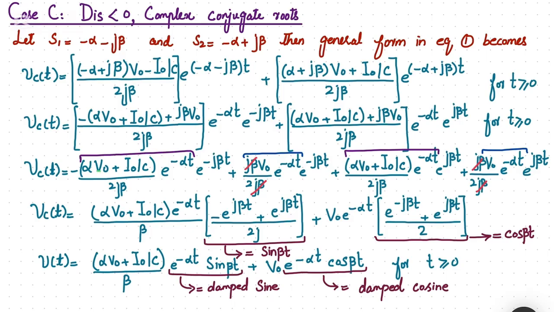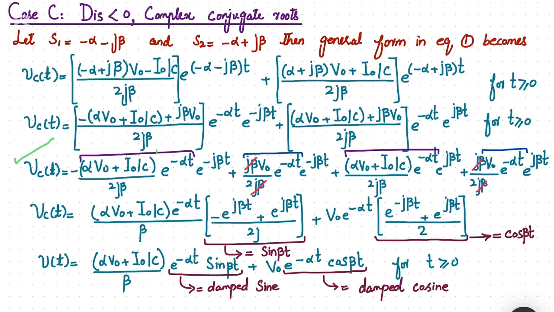So this is minus alpha v naught plus I naught over c divided by 2j beta, multiplied by e raised to power minus alpha t into e raised to power minus j beta t, and the next term would be j beta v naught over 2j beta, multiplied by e raised to power minus alpha t and e raised to power minus j beta t. Same is the case over here. We can separate out this factor and this factor, and the result is this equation.